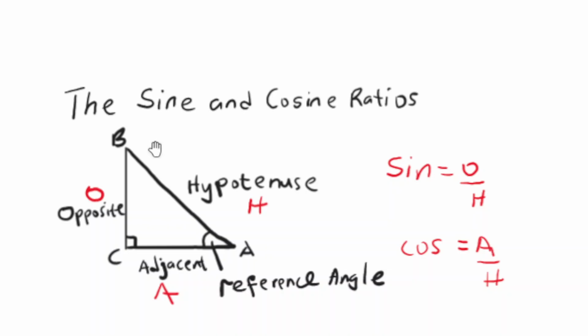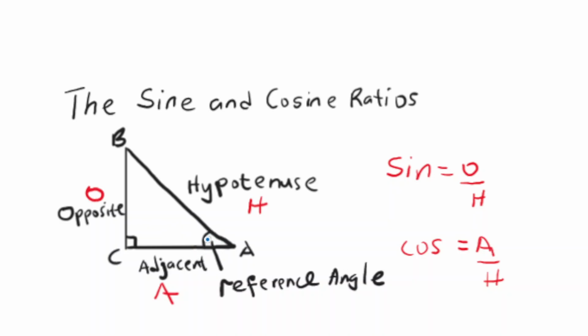The opposite and the adjacent depend on the reference angle. Which angle are you talking of? That is where we can determine the opposite and the adjacent. In this case, we are talking about angle A, which is over here.